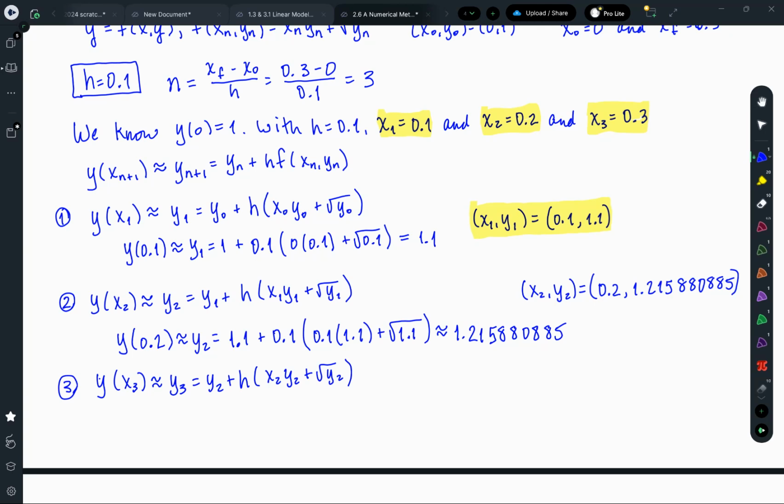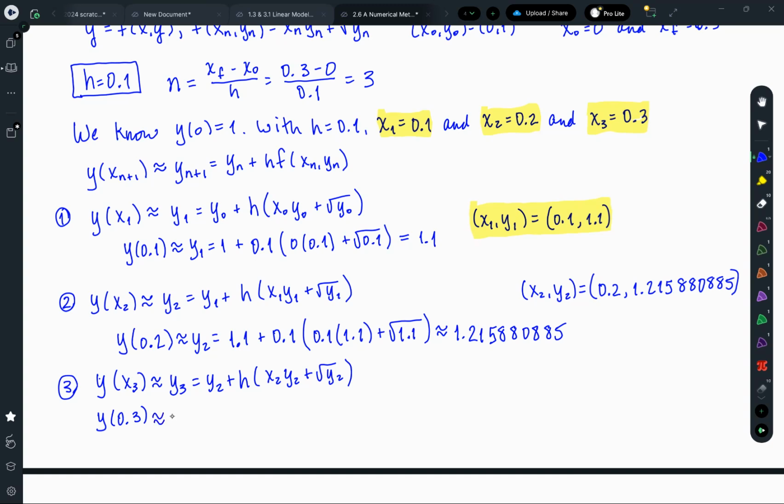Everybody's calculator is different, but mine is such that if I do the second button and then my negative symbol button, I automatically enter whatever the last answer was. And so if my last answer was 1.215880885, I just do second answer to enter into my calculator. So you want to figure out what your calculator will do to help you, okay? So this calculation, when I plug everything in, I'm getting y of 0.3. Woohoo, we're going to be done.